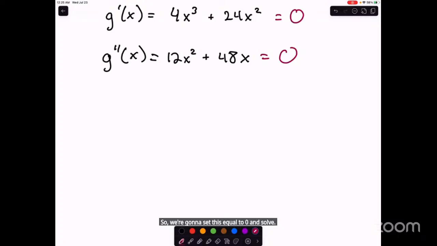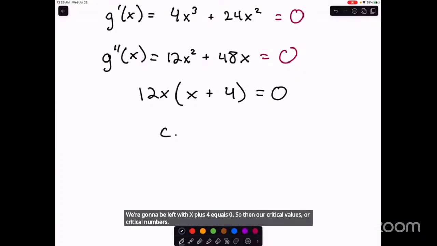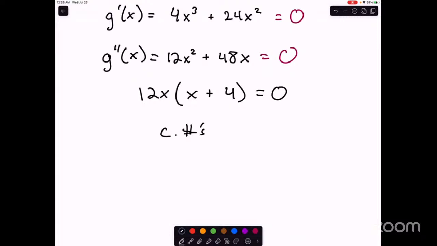We can factor out a 12x from both. We're going to be left with x plus 4 equals 0. So then our critical values, or critical numbers, look like there are x equals 0 or -4.